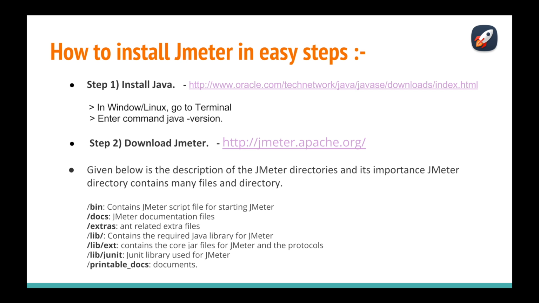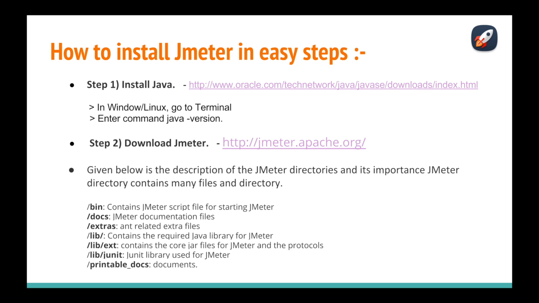All right, and when you extract it out, you will have certain directories, shown in the below slides. In this slide, we have directories like bin, docs, extras, lib, and printable docs. The main directories we are more concerned about are lib and extras, which basically contain the core Java files and certain plugins.